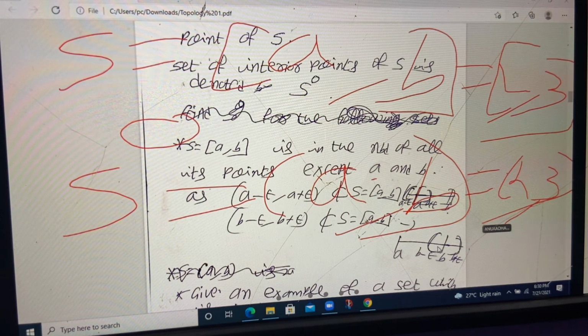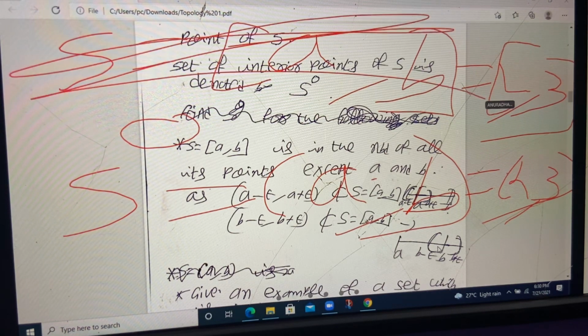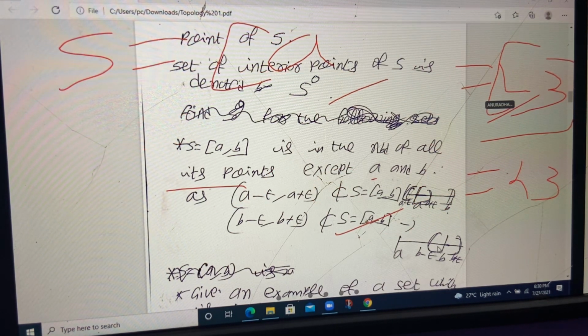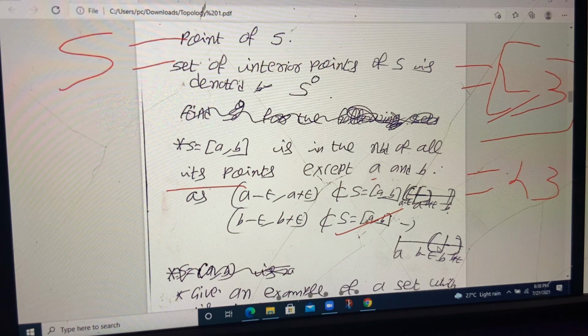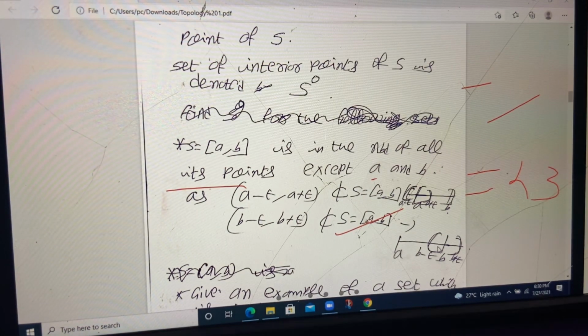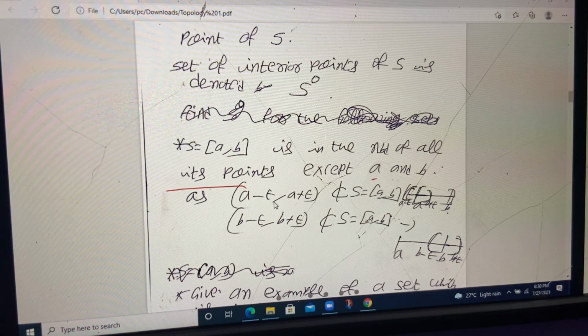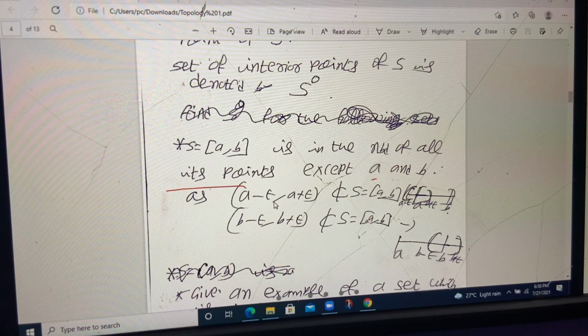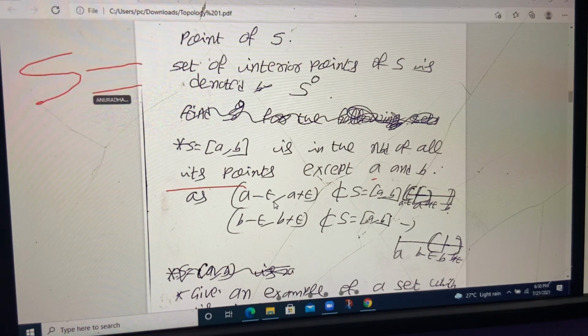Ma'am, if S is an open interval? An open interval is also open only, as we have seen earlier. So write down this point, all of you. It is a shortcut. It is not there in the document.